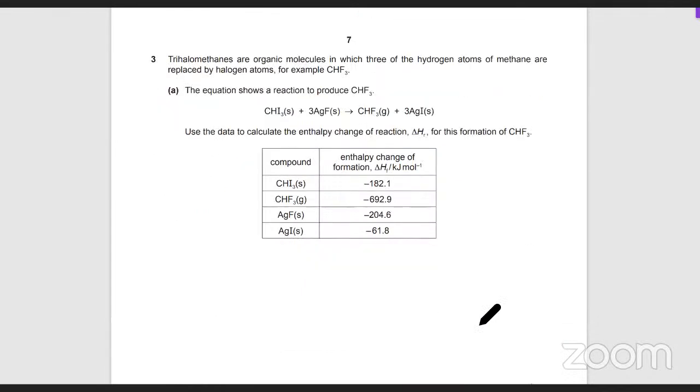Okay, next part is you have to find the enthalpy change. The enthalpy of formation of everything is given, of the products as well as the reactants. What's the formula for finding enthalpy change? The Hf of products minus the Hf of reactants.